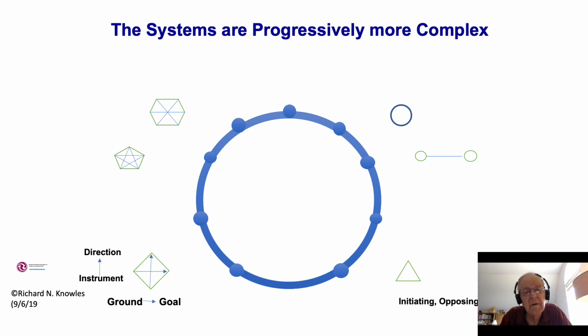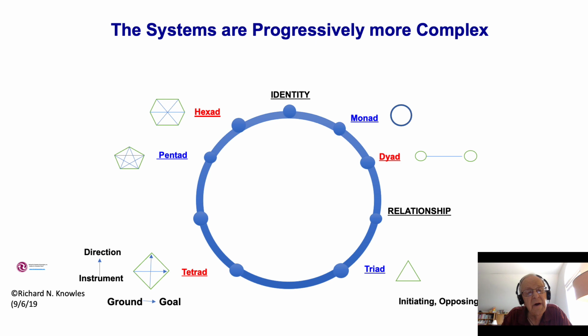It points 1, the monad, the triad at point 4, the dyad at point 2, relationships at point 3, the hexad at point 8, the tetrad at point 5, the pentad at point 7, and information at point 6.